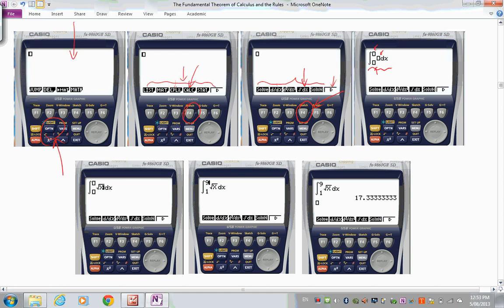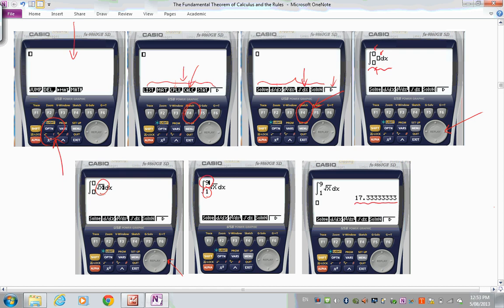So you can highlight one of those squares by hitting that button, and that will highlight the square and enter root x. And if you hit it again, it'll go to each of these squares in turn by navigating around with that button, and put in 1 and 9, and then if you hit execute, you will come up with the answer. Okay, nice and handy. That's in run mode.